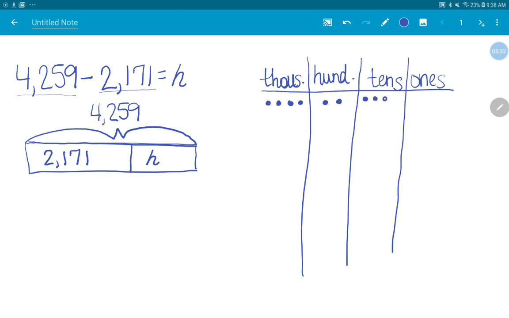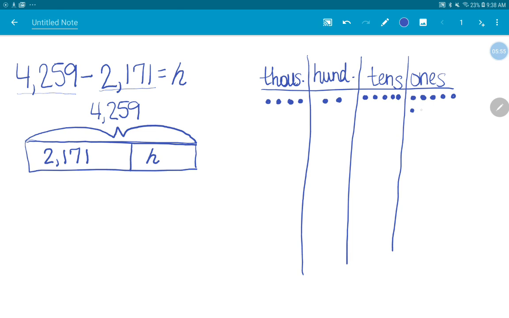I want you to put the number 4,259 on your place value chart using place value discs. That's all you're doing right now.